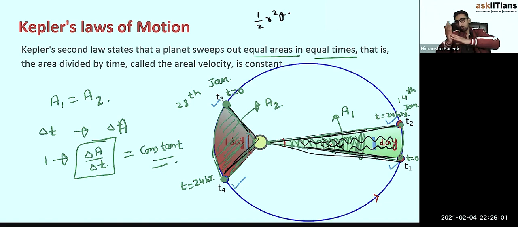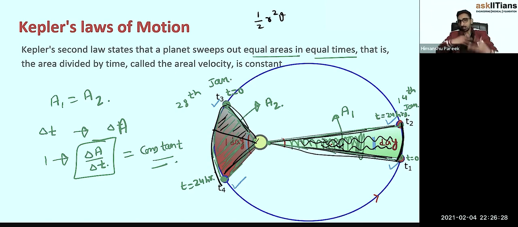When the planet goes from T1 to T2, the length is more, so the area covered at the sun is automatically more. It's a large region. When you talk about T3 to T4, these lengths are smaller. So if you take only this much path, it would be only this much area. But to compensate the area, it covers a larger distance.